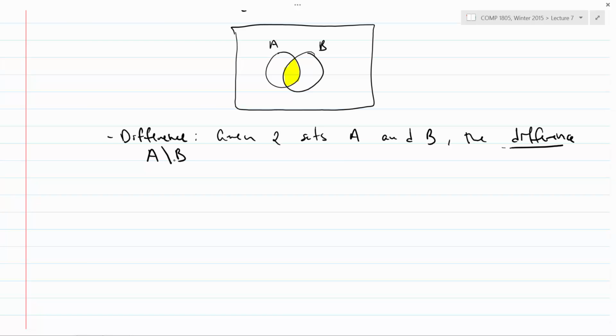I like to change it up a little bit and use this sort of backslash. I like to do that just because it keeps my symbols distinct. Right? You can see clearly that I'm not subtracting numbers, I'm subtracting sets because it's a different symbol. So the difference A minus B is the set of elements in A but not in B.